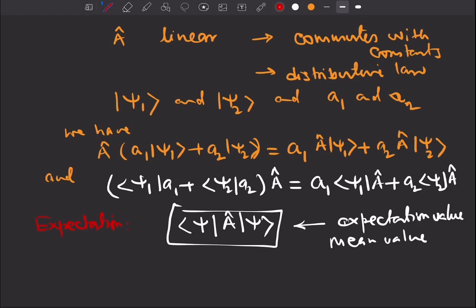Further, the quantity ket phi bra psi is a linear operator.